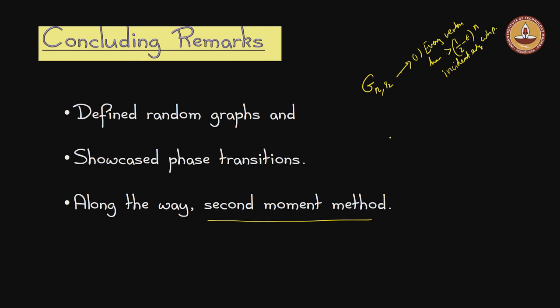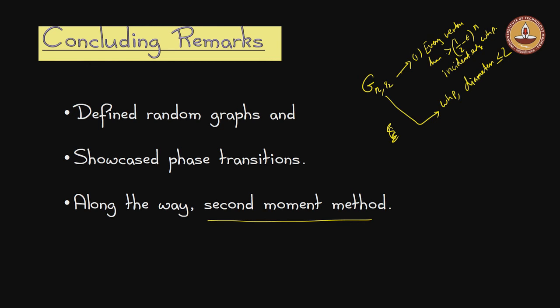Should be very easy. And the second thing I want you to prove is that with high probability the diameter of this is at most 2. Couple of things that you should be able to prove quite easily.